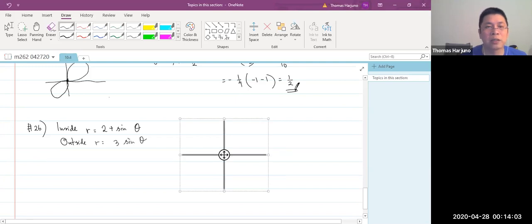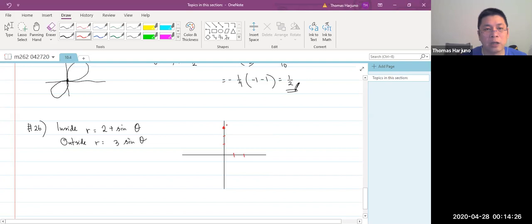2 plus sine theta. I wonder if you remember how to do that. Okay, so it will be symmetric with respect to the y-axis. 2 here, there will be 3 here, right? When theta equals 0, r is 2. When theta is pi over 2, that's the maximum, 3.